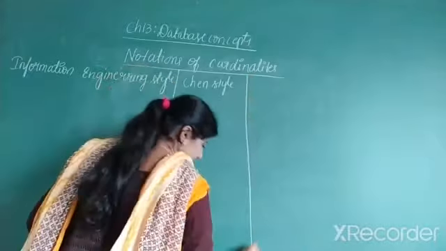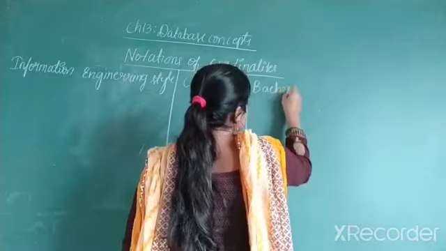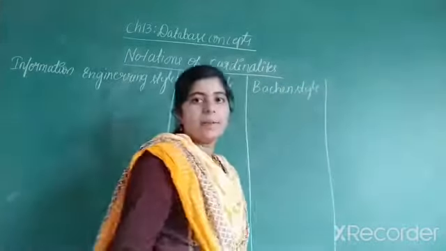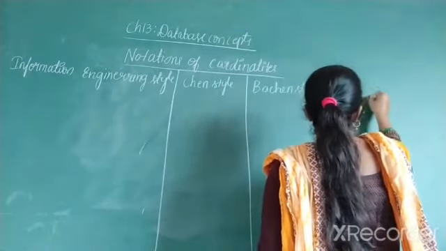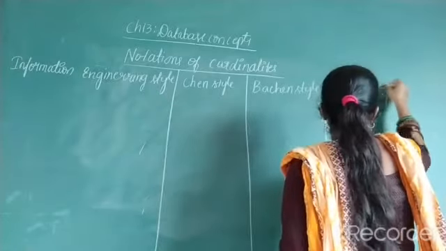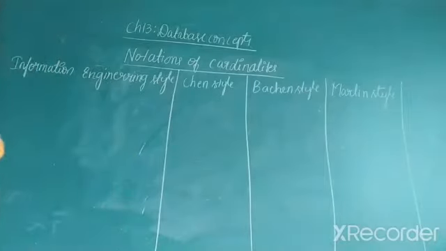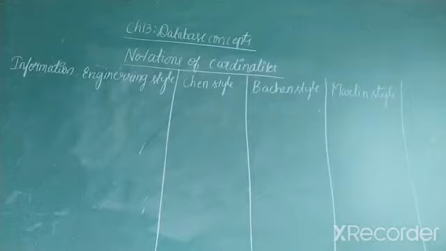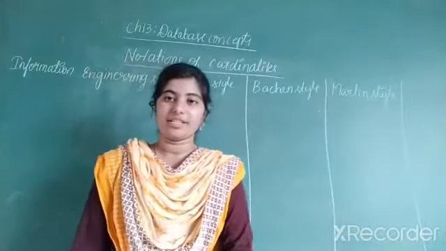And third one is Bachman style. And the last one is Martin style. So these are the four different notations for cardinalities: information engineering style, Ken style, Bachman style, and Martin style.